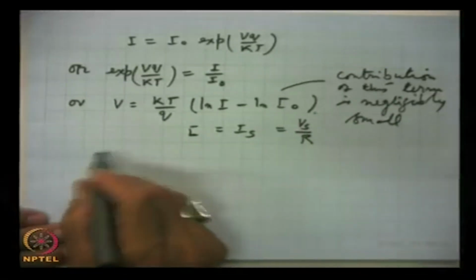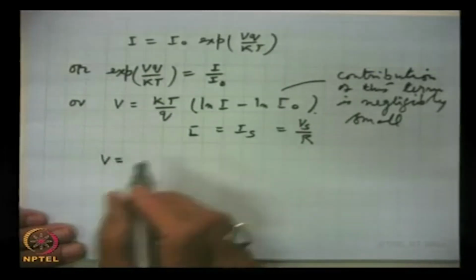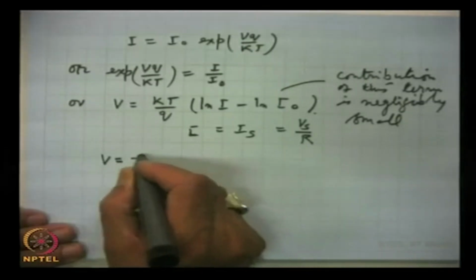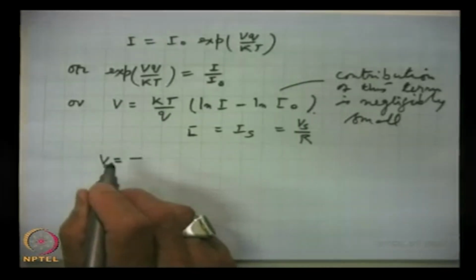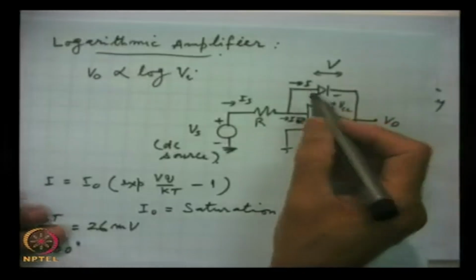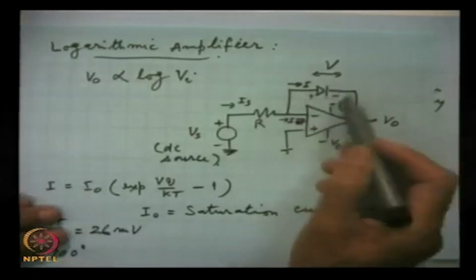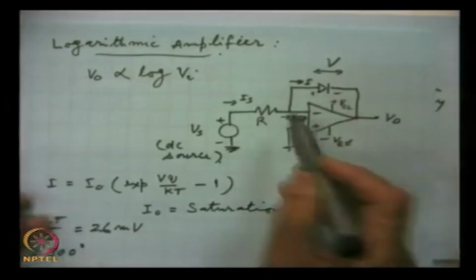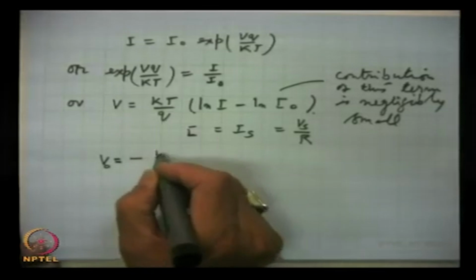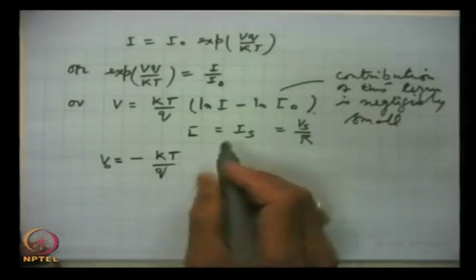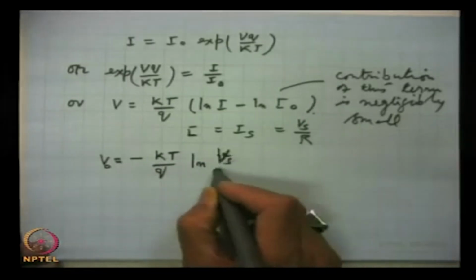In that case, V will be the voltage developed across the diode, and because it is inverting, V0 will be with a minus sign: minus KT by Q into log Vs by R.